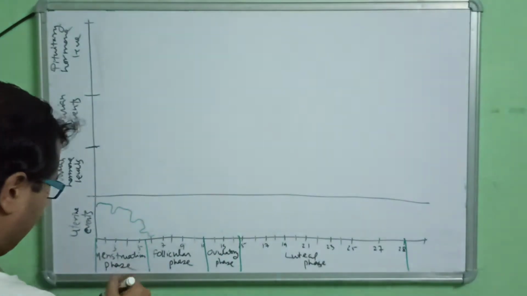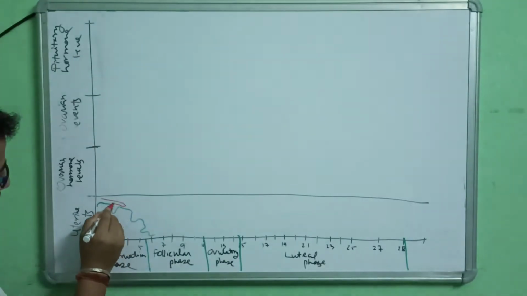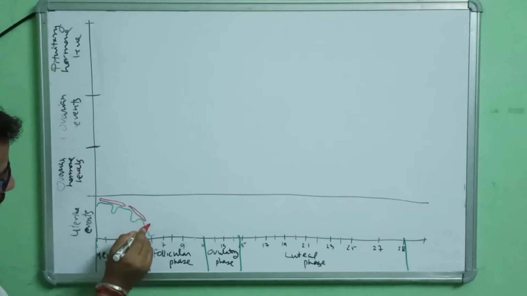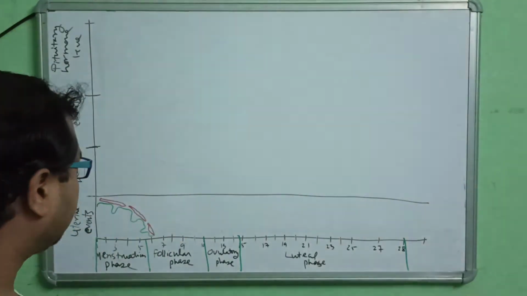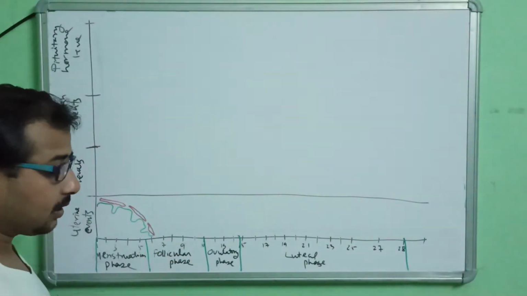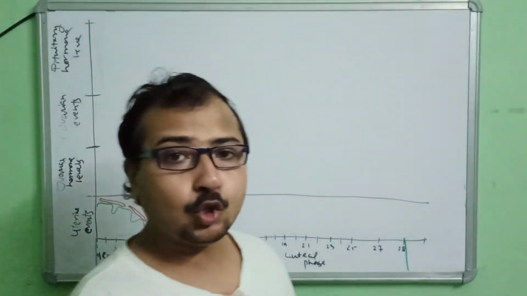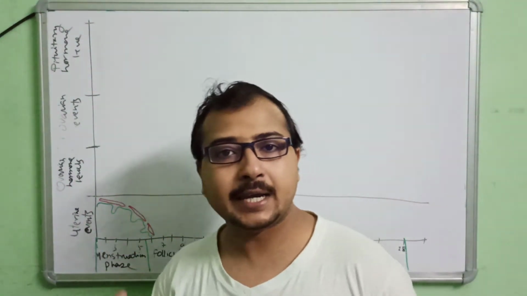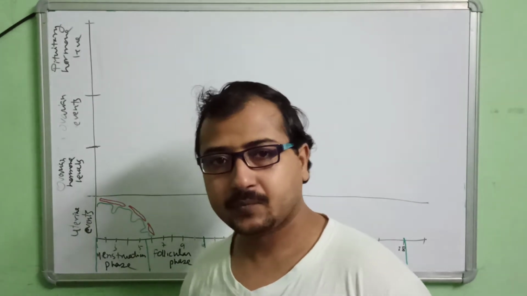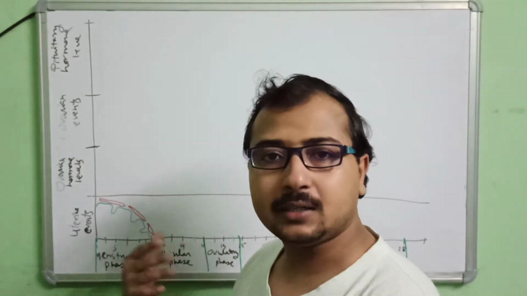So bleeding here, and then after this the follicular phase. See here what happens. Here the endometrium wall breaks. This is the green line I am showing, the endometrium wall breaking down. Through the blood it comes out.